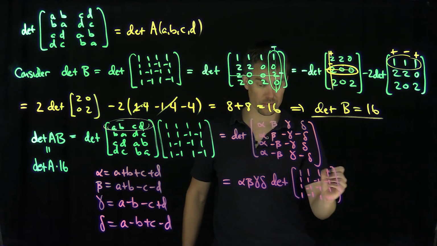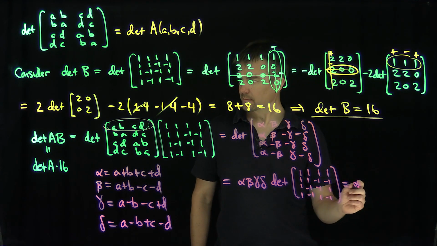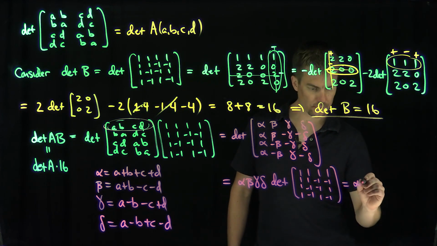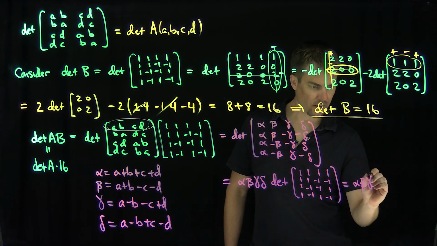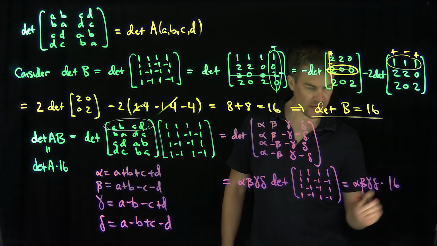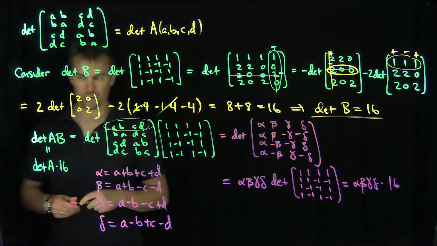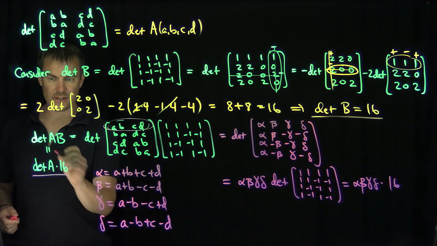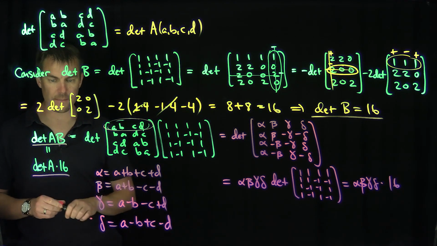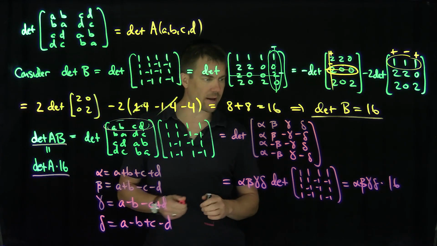But that's exactly just the determinant of B. So this is alpha, beta, gamma, delta times 16. So we've just proven that the determinant of A times 16, which is the determinant of A times B, is equal to 16 times alpha, beta, gamma, delta.